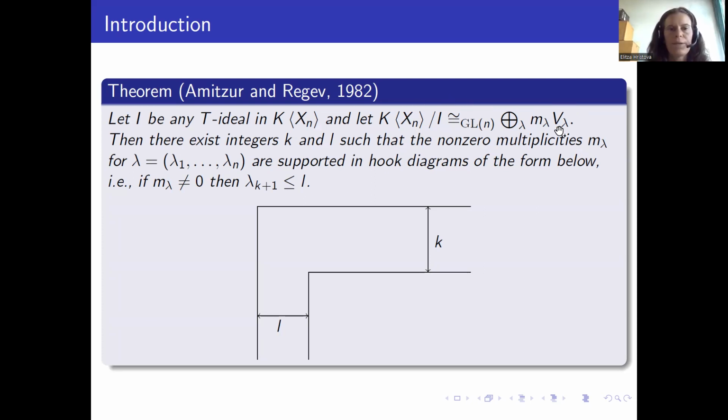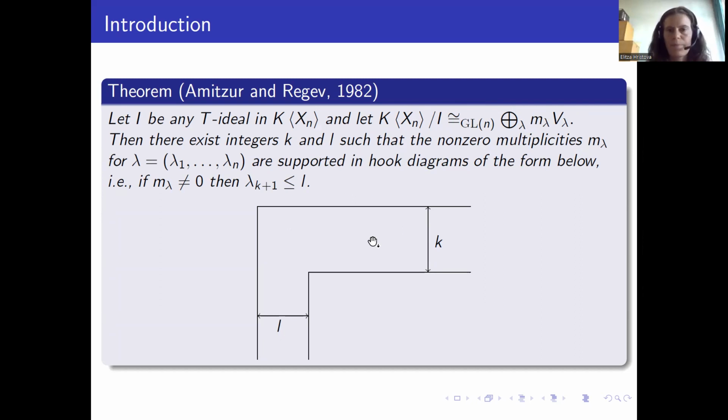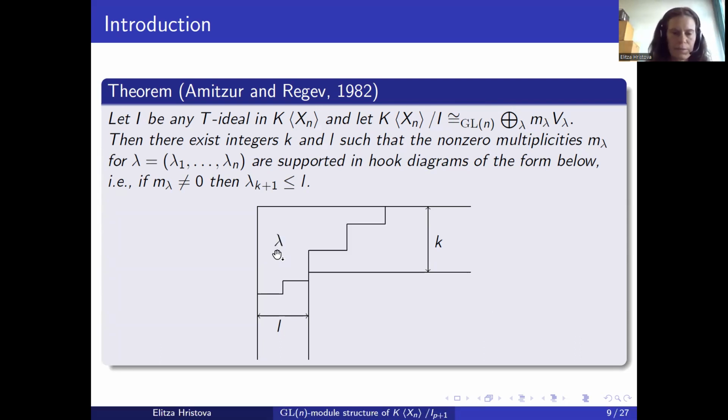Then there exist integers k and l such that all non-zero multiplicities, their corresponding partitions are supported in hook diagrams of this form, which means that every partition lambda that corresponds to a non-zero multiplicity can fit inside this diagram like this.